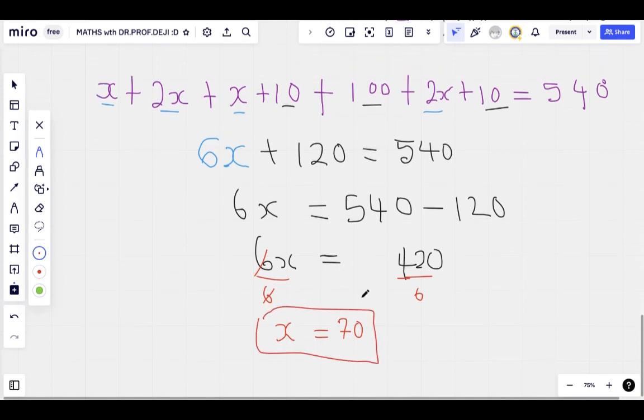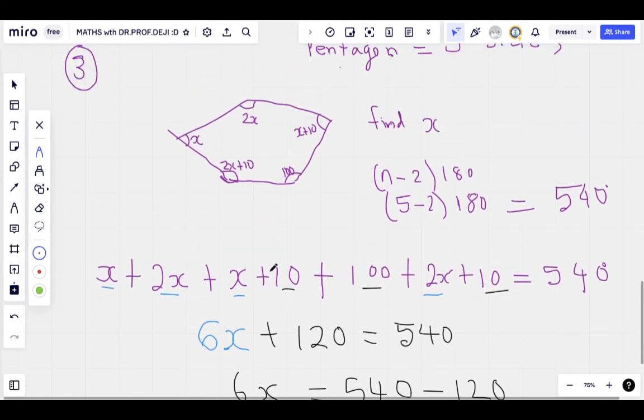But if they want you to find the angle, that's just the value of x. If they want you to tell every angle on the polygon, here this angle is 70, because x is 70. Then 2x will be 140. This angle is 140 on the polygon. This one is x plus 10, that's 70 plus 10, which is 80 degrees.